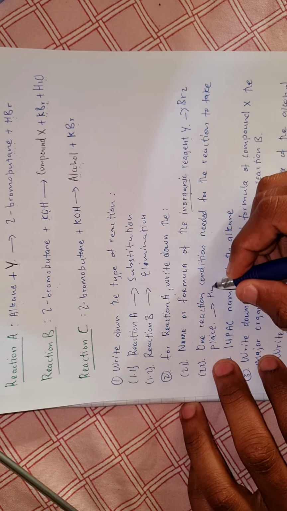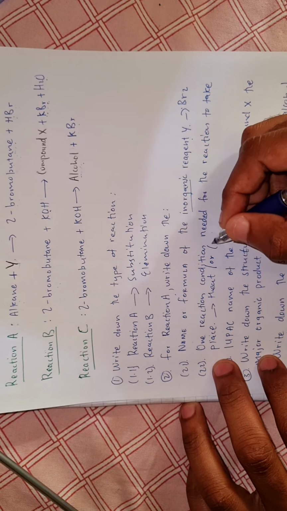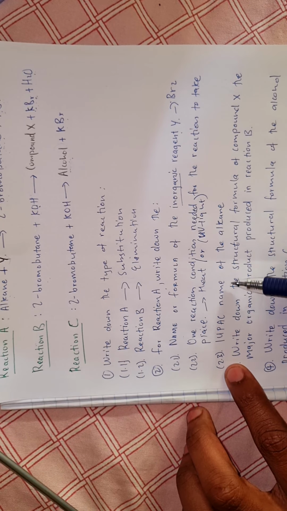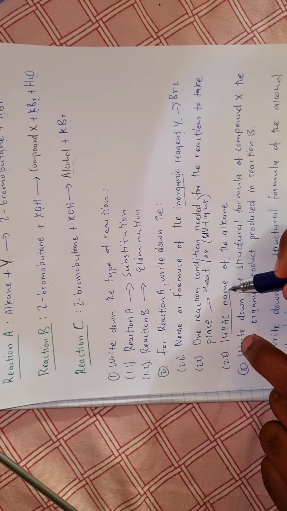You need heat. Another reaction condition that is needed for that reaction to take place is UV light. You can just say UV rays. And in 2.3 they say give the IUPAC name of the alkane for reaction A. They need the name, not the structural formula.